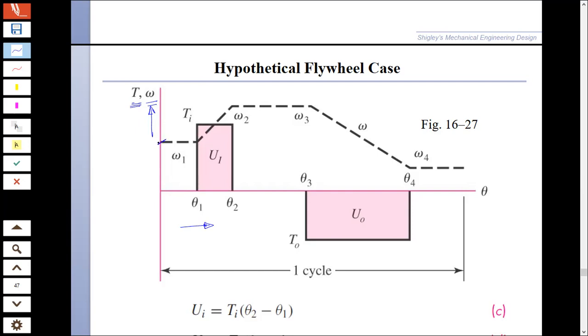So let's consider the initial velocity and the torque over here, and let's say that that is omega 1, right?